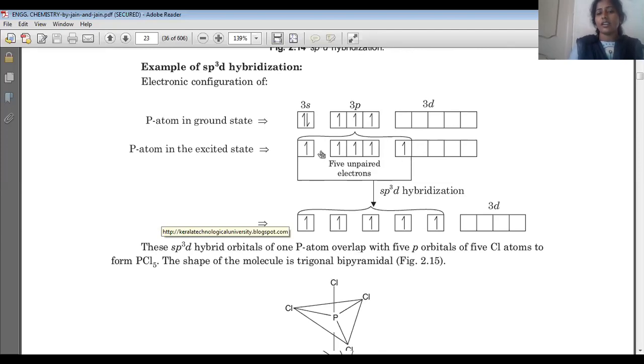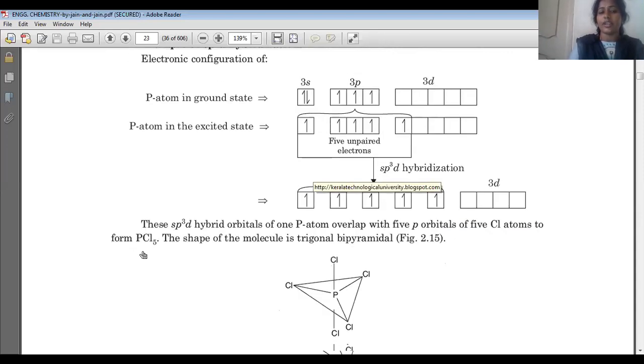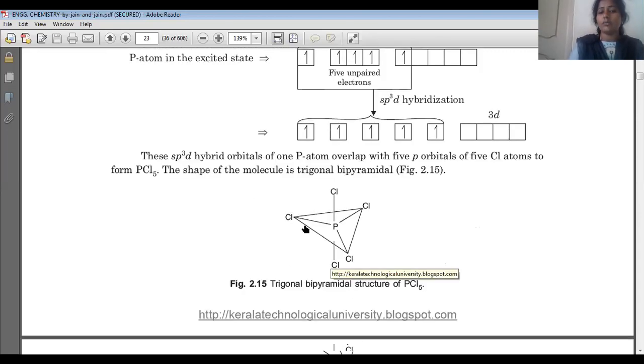So we are mixing one s orbital, three p orbitals and one d orbital, so that sp3d hybridization is generated. So five hybridized orbitals are formed. These five hybridized orbitals can overlap with five chlorine atoms in a trigonal bipyramidal geometry. Trigonal bipyramidal means three chlorine atoms are lying in the plane and two chlorine atoms are lying on the axis.